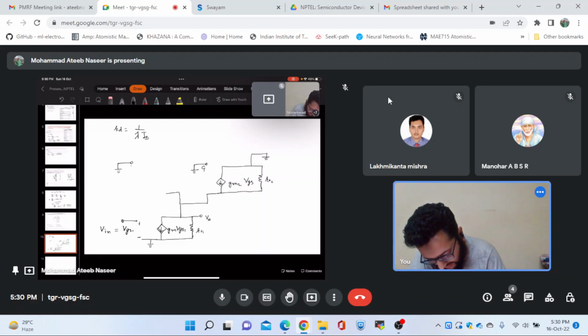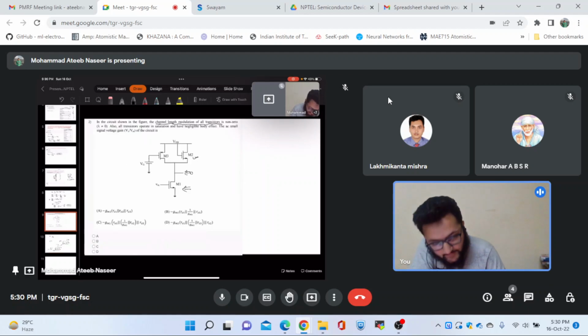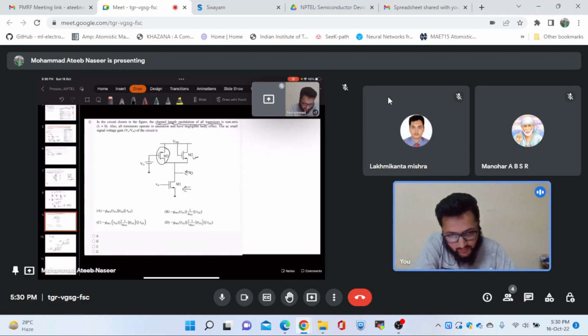Let us be careful with this MOSFET. As you can see, this is not an NMOS, this is PMOS. So for PMOS, we know the source has to be at the highest bias. So this is the source and this is the drain of this M3. Let me write it like this: S3 and D3.